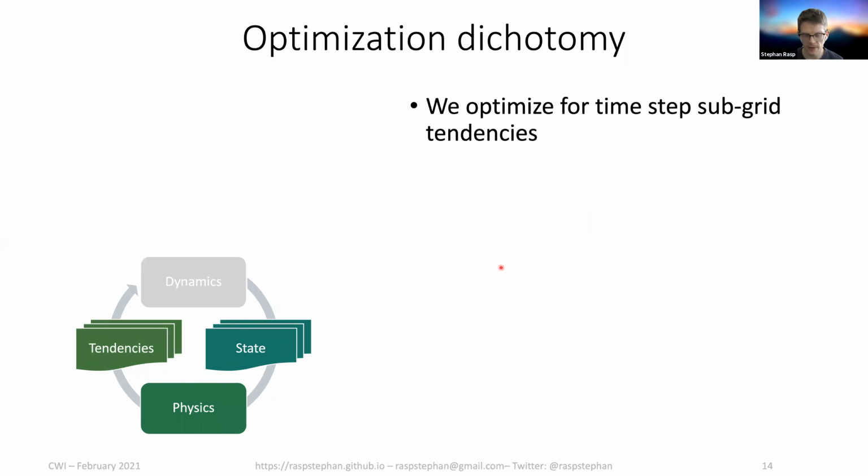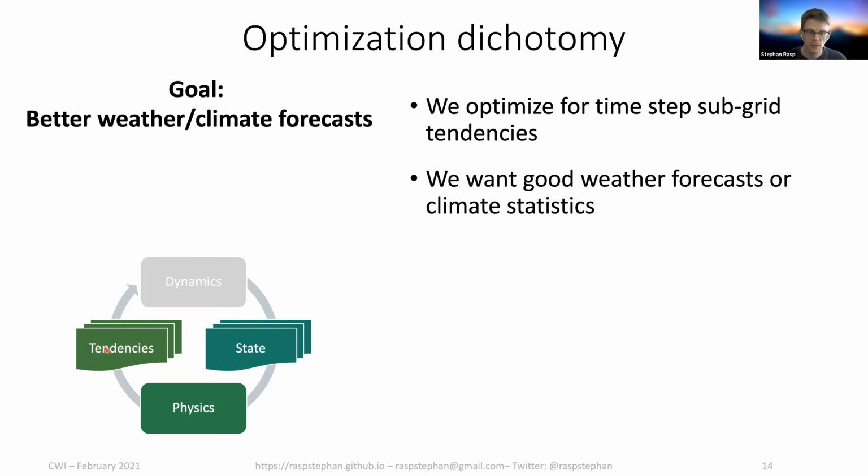So if we go back about, what are we actually having our machine learning models learn? It's a mapping within one time step from state to tendencies from a training data set that we've built. Now, if we think about what do we actually want? Well, we want better weather or climate forecasts, right?